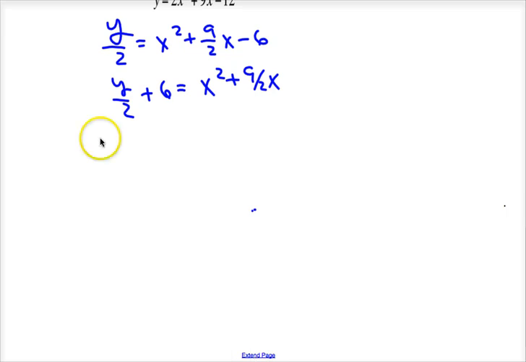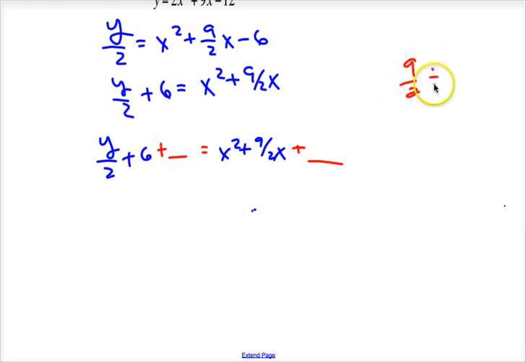What do we have to add to both sides so that we create a perfect square trinomial? A half of 9 halves, squared. Let's write that over here. So we got 9 halves divided by 2, squared.